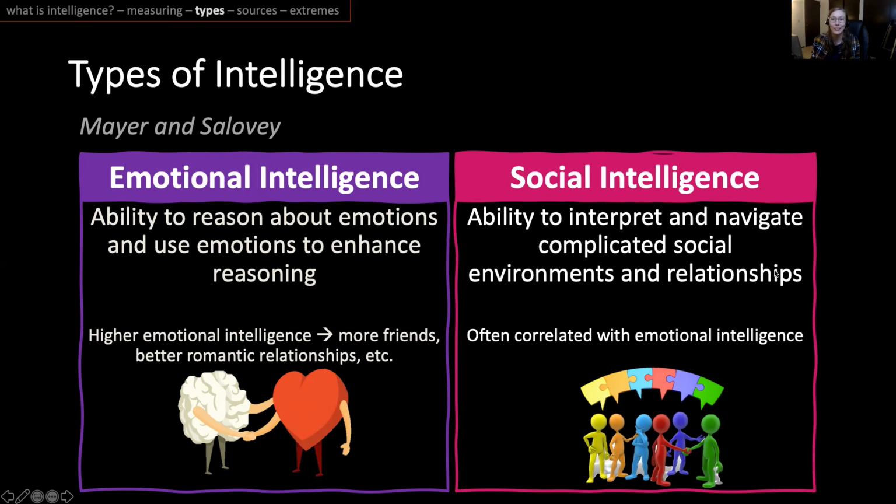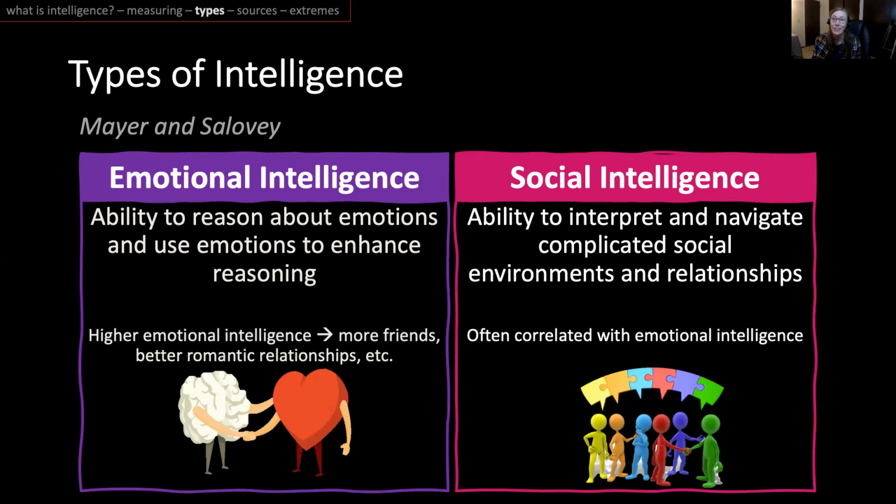There's also social intelligence, which is similar to some of Gardner's theories, but it's the ability to interpret and navigate complicated social interactions. And it's very correlated with emotional intelligence, as you could probably tell. But maybe a takeaway here is that you can have emotional and social intelligence without necessarily having strong cognitive intelligence.